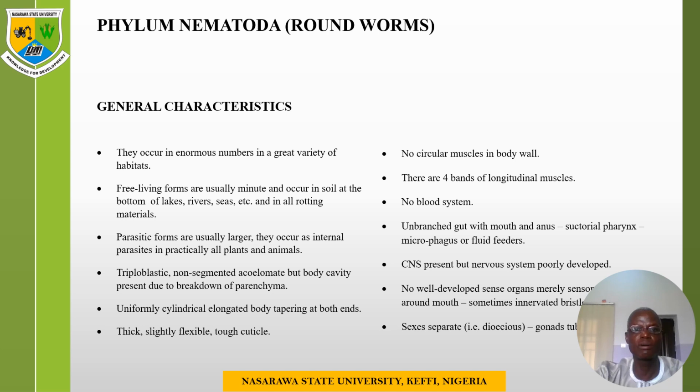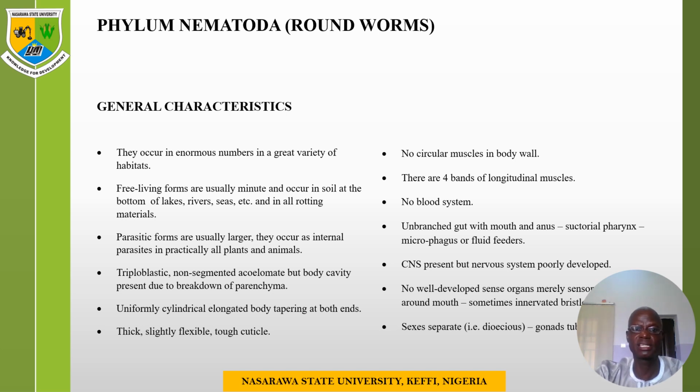There are free-living forms, and they are usually minute and occur in the soil, at the bottom of lakes, rivers, seas, and so on, and in all rotting materials you find these roundworms. The parasitic forms are usually larger, and they occur as internal parasites in practically all plants and animals.